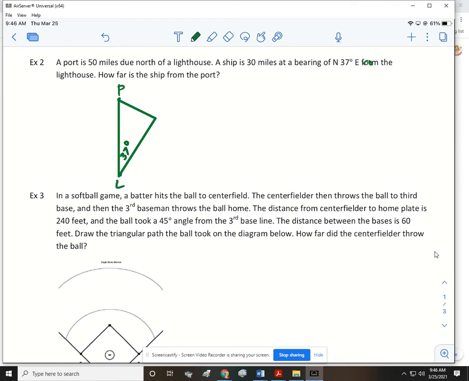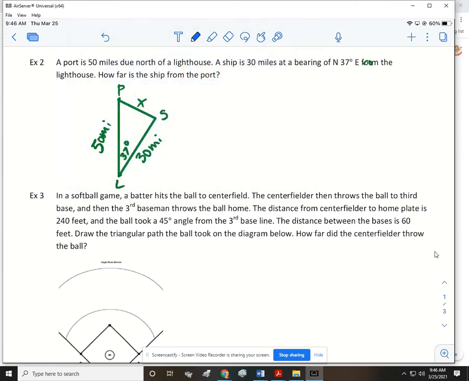Now let's label some sides. The distance between the port and the lighthouse is 50 miles. Then this is the ship, and the distance between the lighthouse and the ship is 30 miles. What we want to find is how far the ship is from the port, which is this distance right there. Because we have two sides and the angle between, we are going to use the law of cosines.